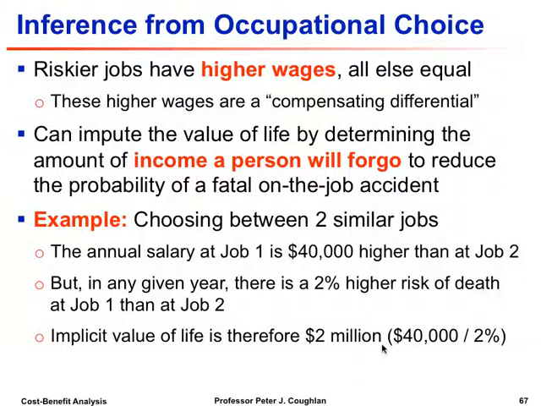Because it costs $40,000 to increase your likelihood of death by 2%. So therefore, to increase your likelihood of death by 100%, you would have to figure out 40,000 divided by 2%. So therefore, $2 million. So based on that revealed preference, occupational choice, in this example, you would have the implicit value of life being $2 million.